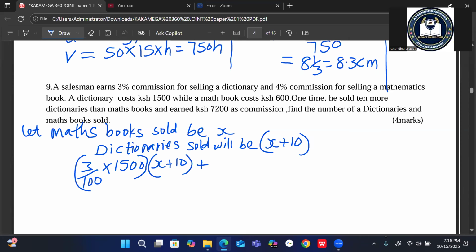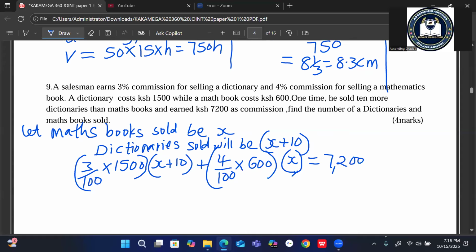Then you add the commission that he earned in selling the mathematics books, and he was given a commission of 4% on every book, and each book cost 600, and he sold X books. That should give you 7,200.